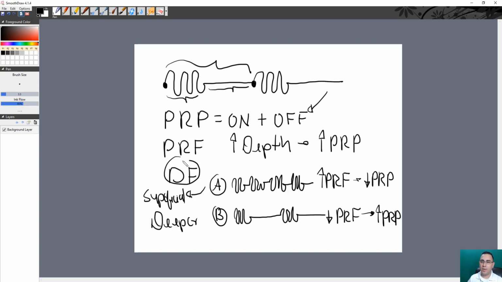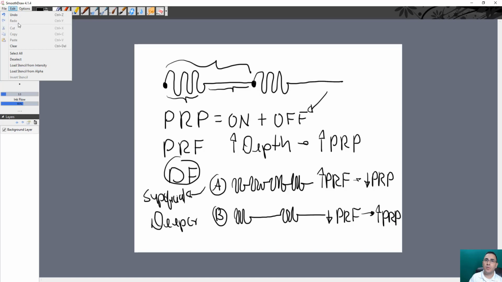So now, what is duty factor? Duty factor basically relates the time that the machine is working compared to the time when the machine is basically listening. So the duty factor is a ratio between the on time versus the entire time.